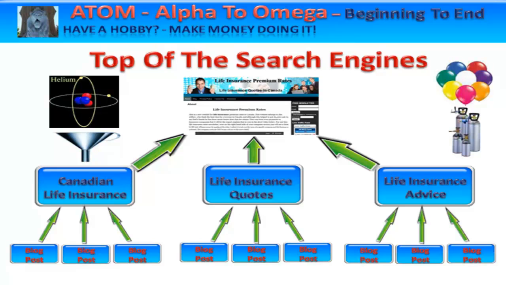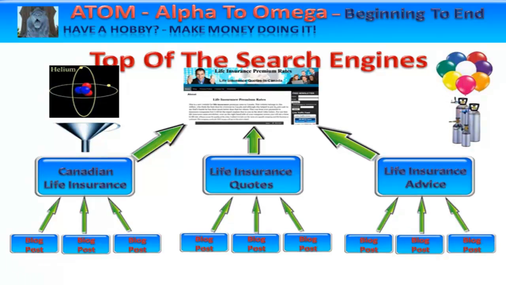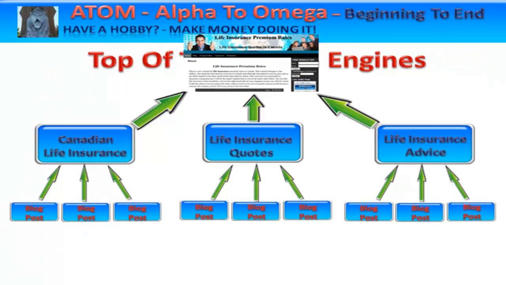So with our helium being poured into our page tabs and our blog posts, we rise, and we rise, and we rise, until we are all the way to the top of the search engines. I hope this little demonstration helps you understand. Tier 3 gives strength to Tier 2, which gives strength to Tier 1, and it rises to the top.